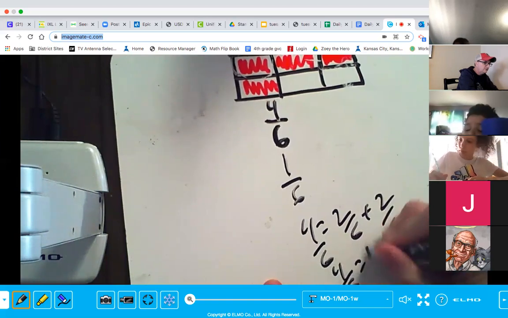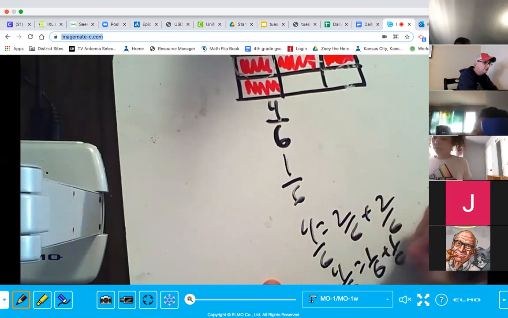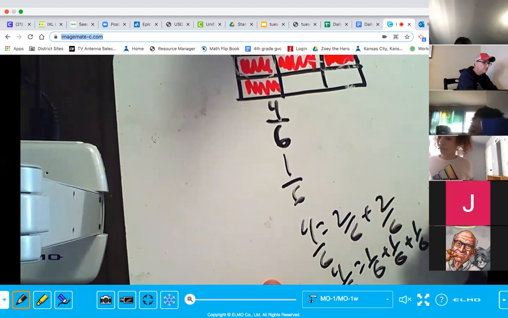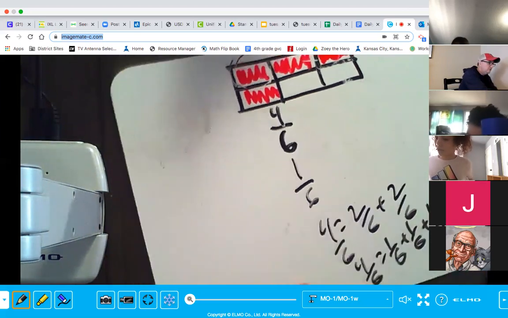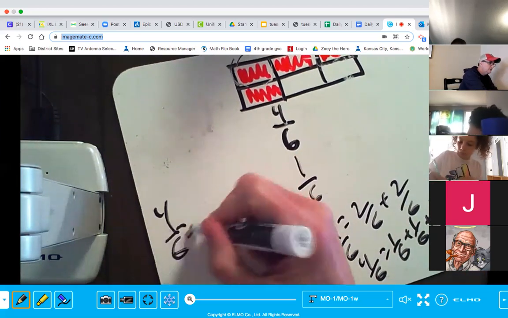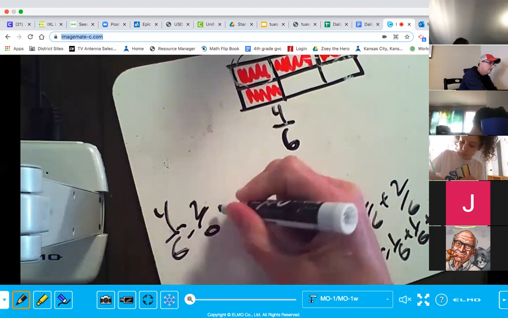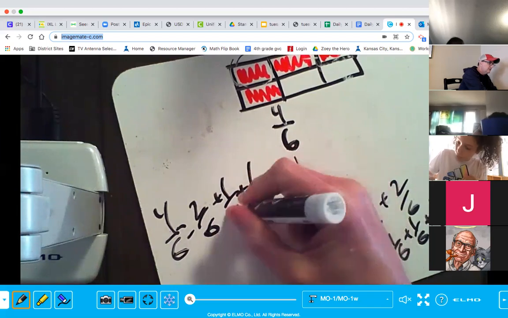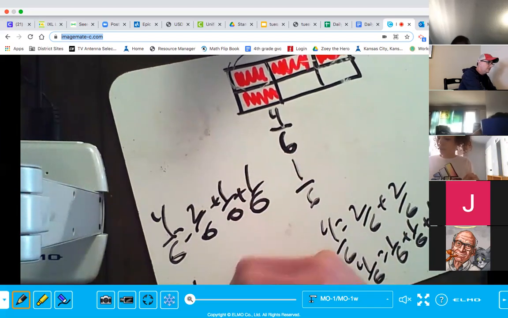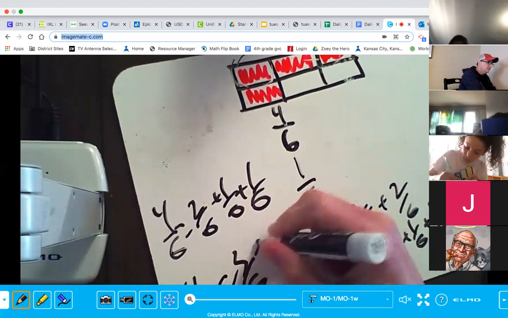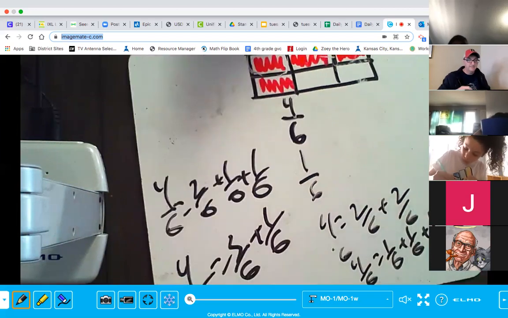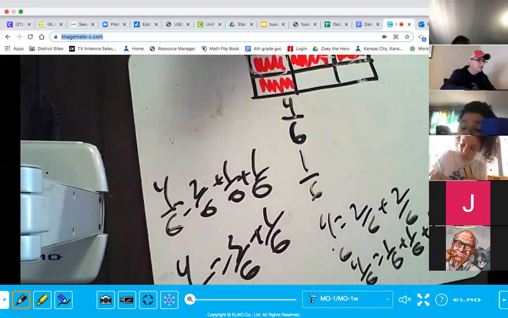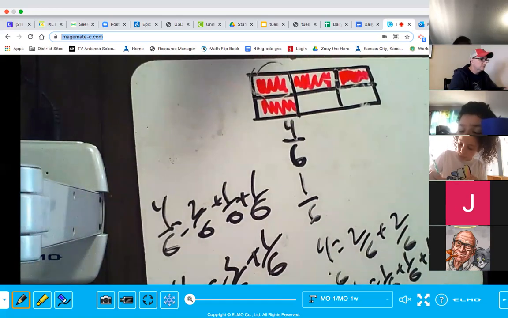You could do all unit fractions: 4/6 equals 2/6 plus 1/6 plus 1/6. And then the last way, 4/6 equals 3/6 plus 1/6.